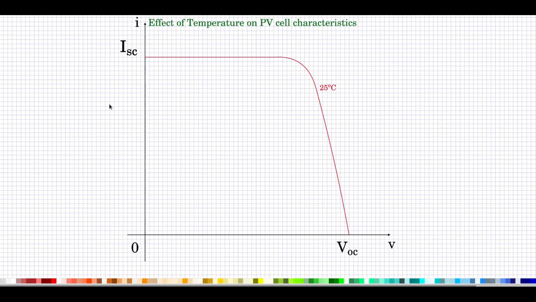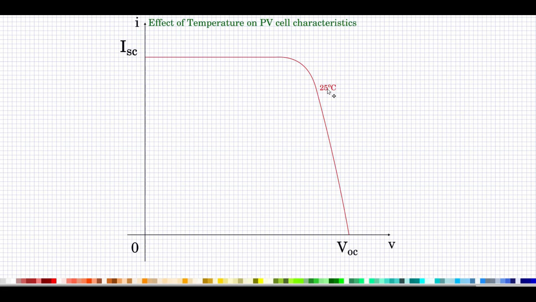Consider this IV characteristic of a PV cell and let us study the effect of temperature on the cell characteristic. We have this IV curve taken at standard insolation of 1 kilowatt per meter square and standard temperature of 25 degrees centigrade.